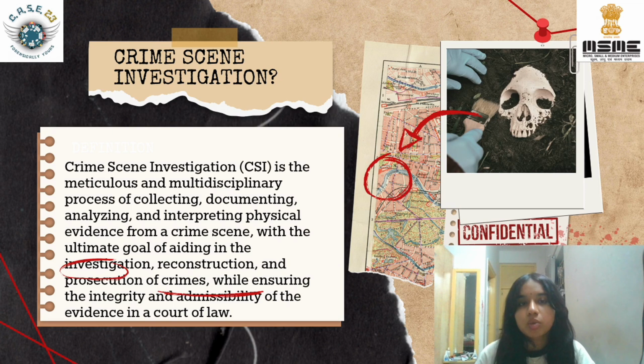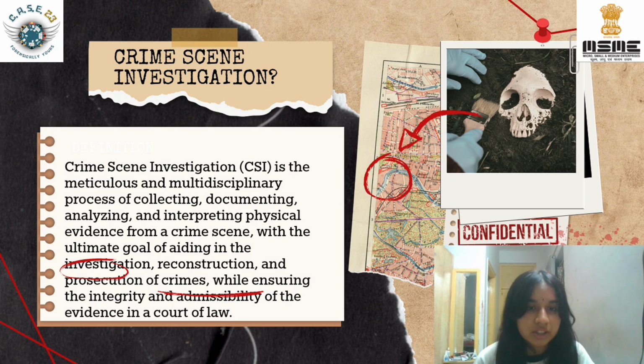Let's begin with what exactly is crime scene investigation. Crime scene investigation can be simply defined as the process of collecting, documenting, and analyzing physical evidences or any other sort of evidences that you would typically find in a crime scene, including biological evidences, serological evidences.